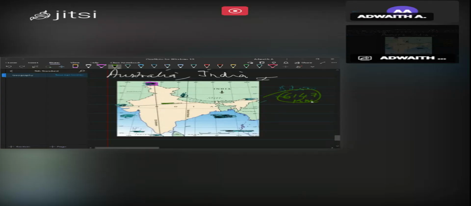So what will be given? X will not be given. So x plus 3124 equals 6147. What do you do? 6147 minus 3124. You will transpose.